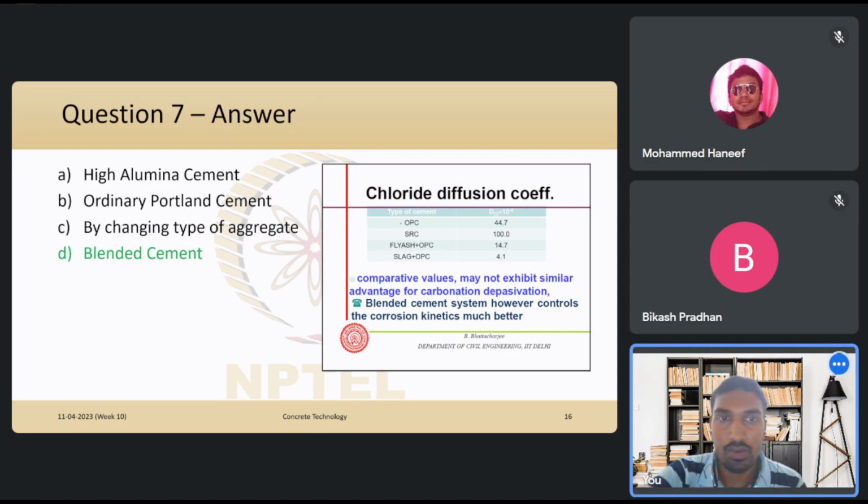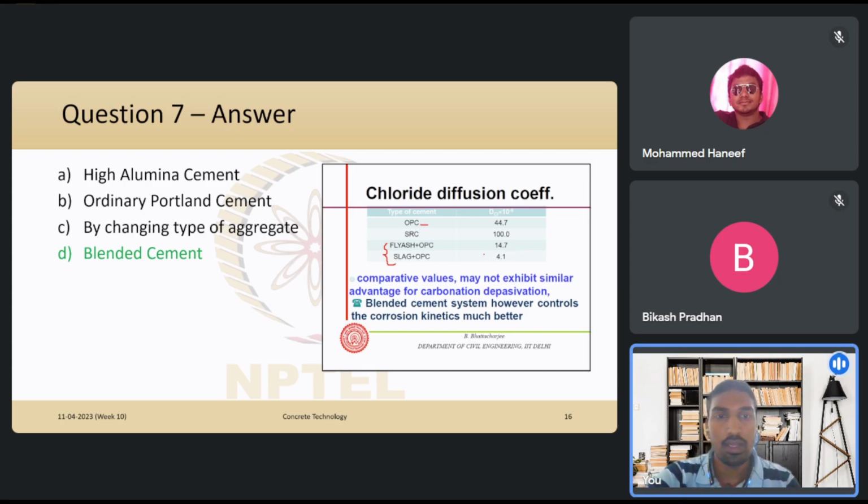If we look at the different types of cement, we are looking at the chloride diffusion coefficient. We have OPC, which has 44.7, SRC 100, fly ash plus OPC, slag plus OPC 114 and 4.1. So what we see is that in the case of blended cement, which is the use of fly ash and slag, the chloride diffusion coefficient is smaller.